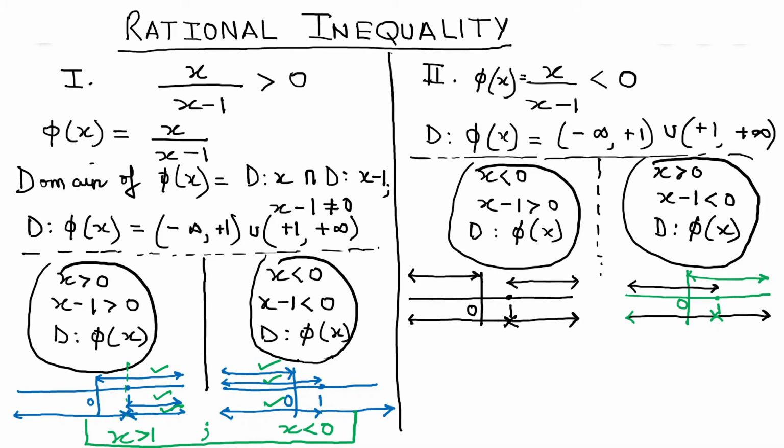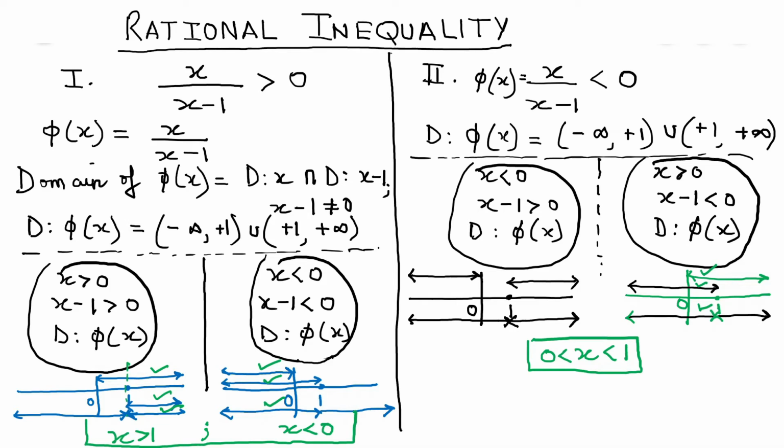So the area that is common to all the three here is, can I say this part, which is just like saying x is greater than 0 and less than 1. That is the final solution set that you get from here.